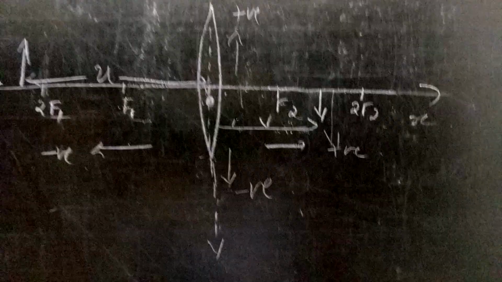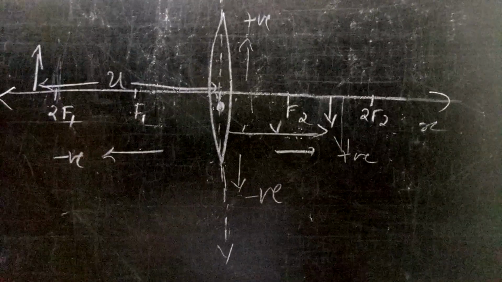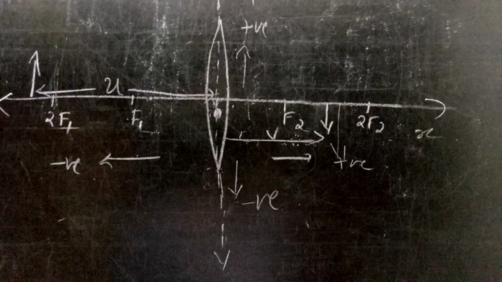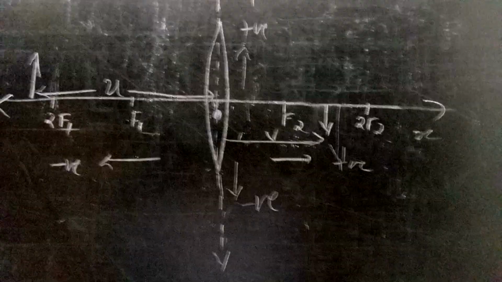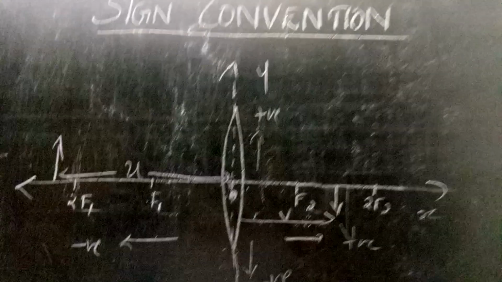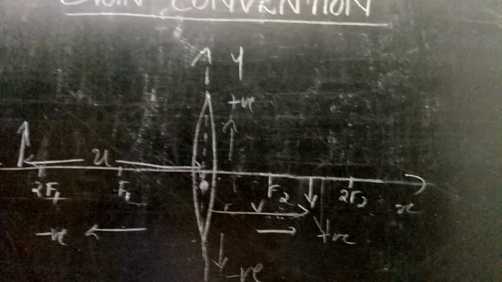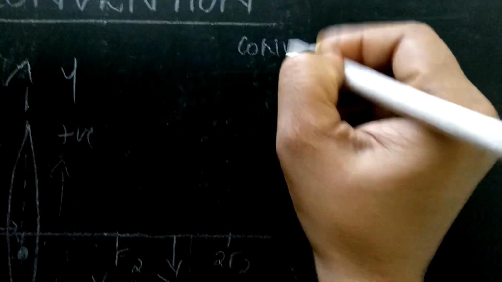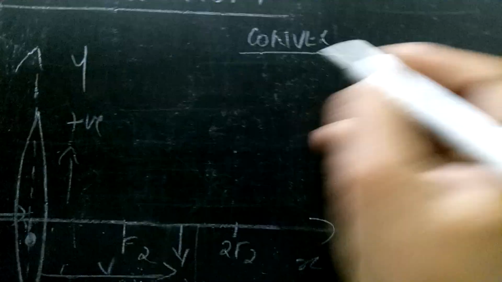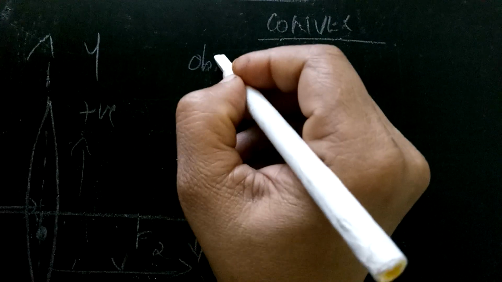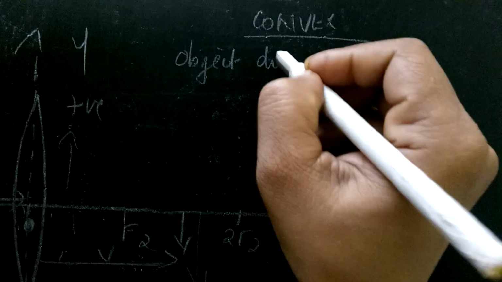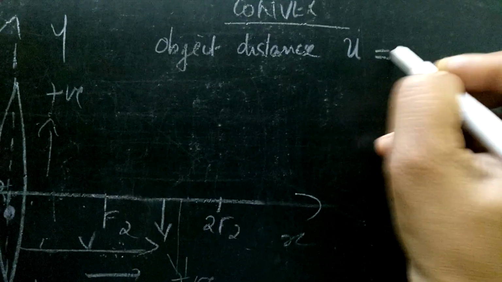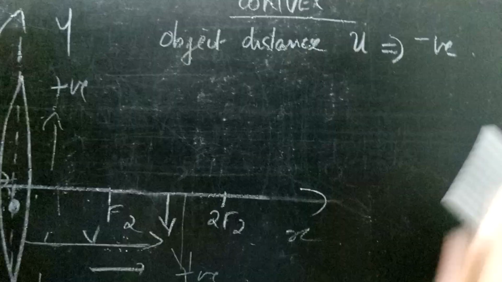Then in the case of a concave lens also, the same thing we have to apply. Just like spherical mirrors, in that way we can write the signs. In the case of a convex lens, first, object distance u is negative, always negative.